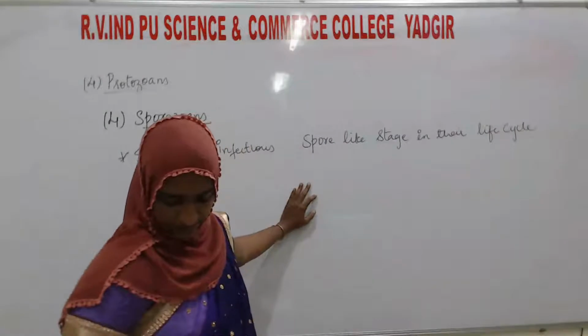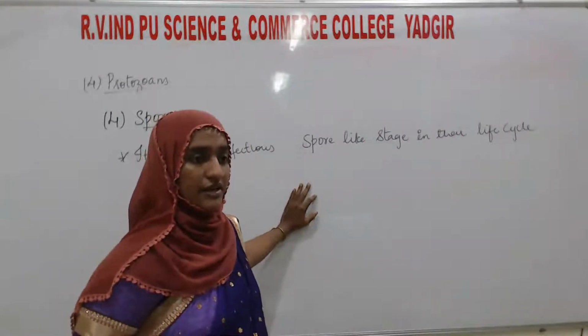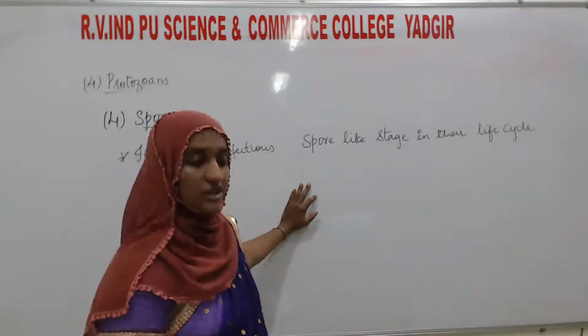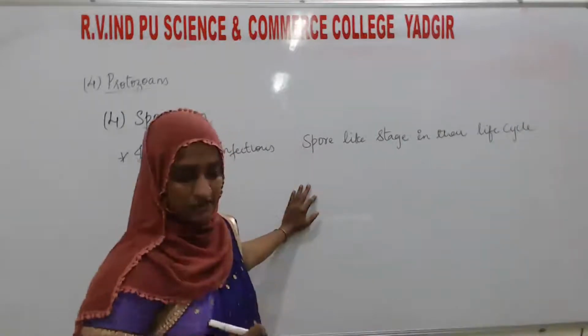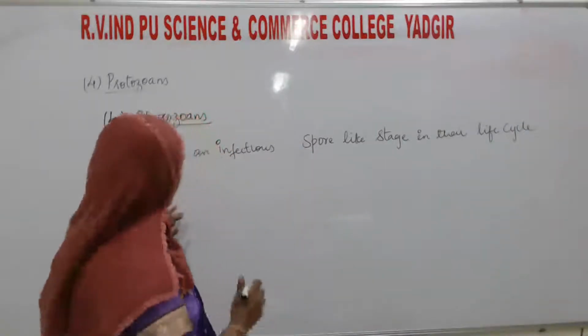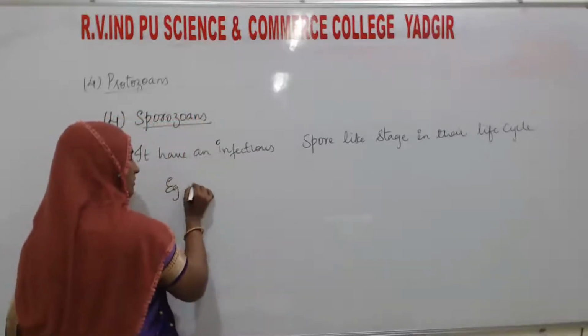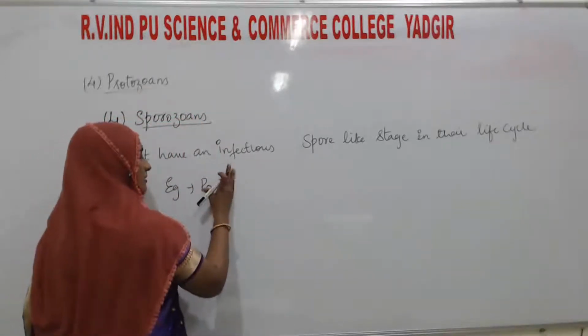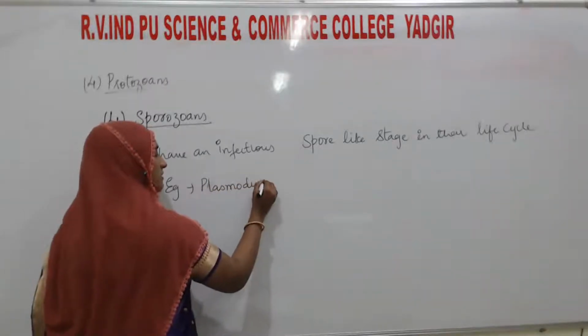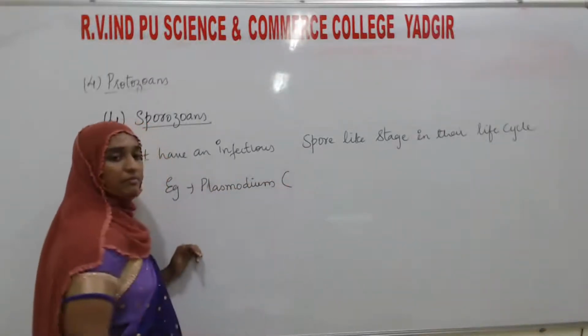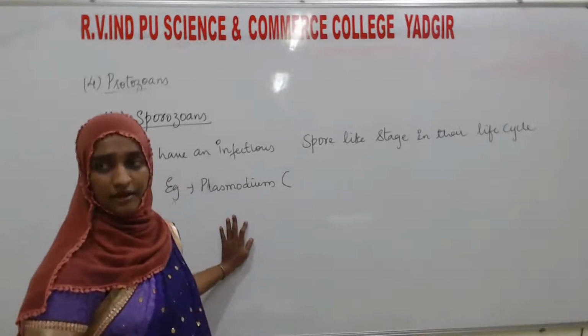So when it attains this spore stage, it becomes highly infectious and it can cause diseases. One example is Plasmodium, which is one of the malarial parasites which causes malaria.